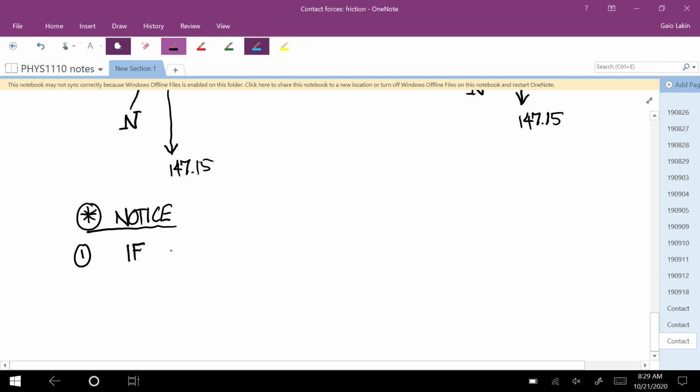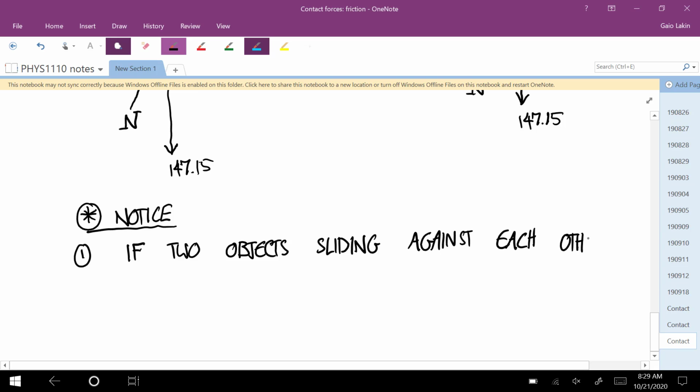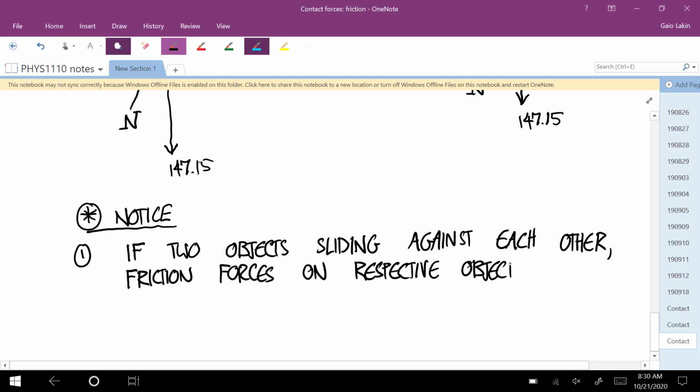If 2 objects are sliding against each other, so one is sliding along the surface of another one, then the friction force, let's say the friction forces on the respective objects have the same magnitude and opposite direction.